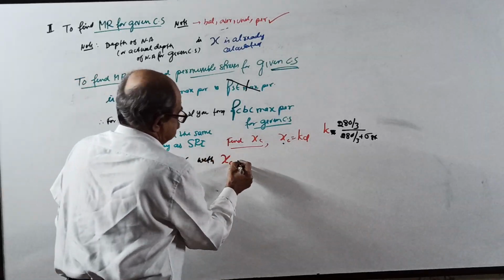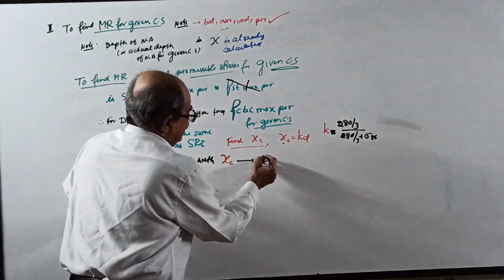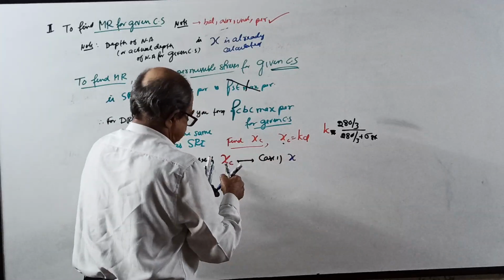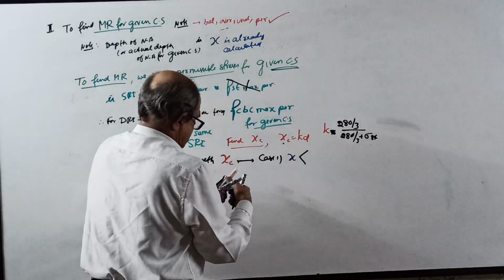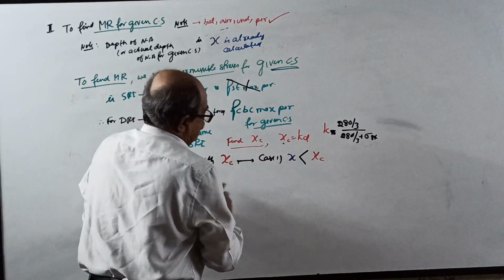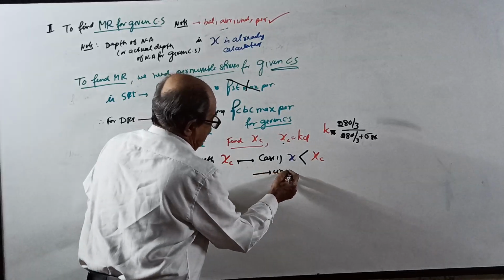Now briefly, case 1: your x comes less than XC. Then the cross section is under reinforced.